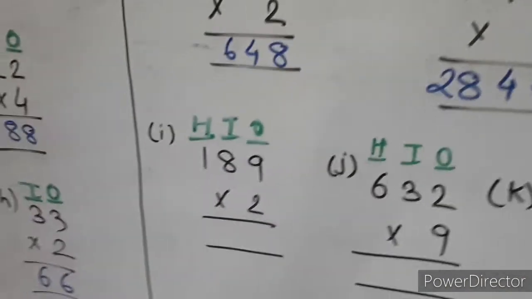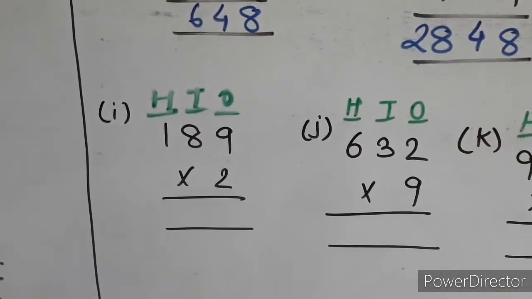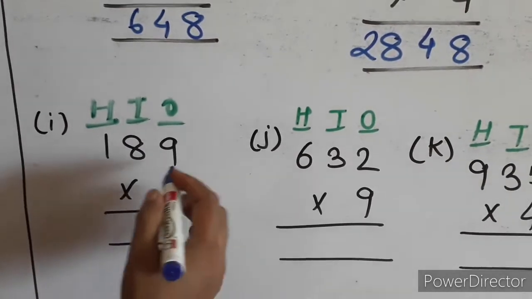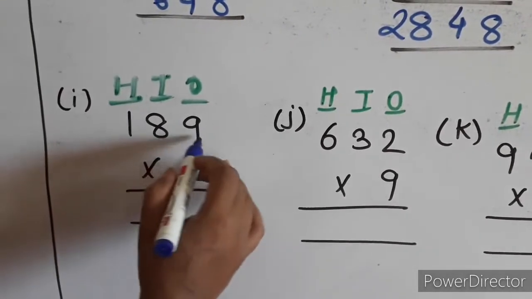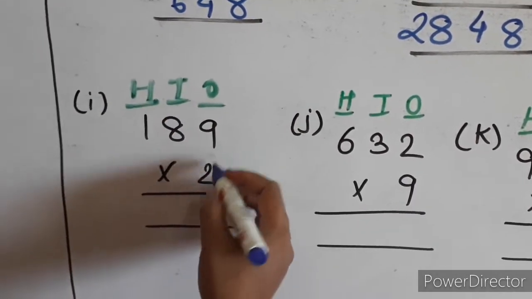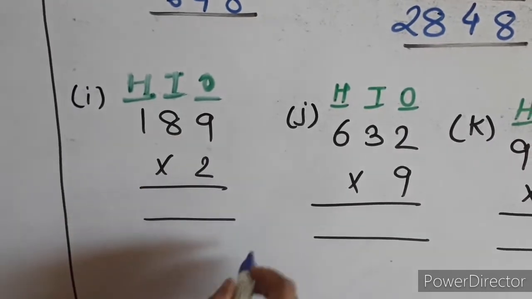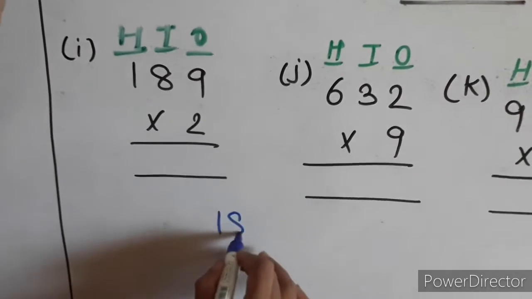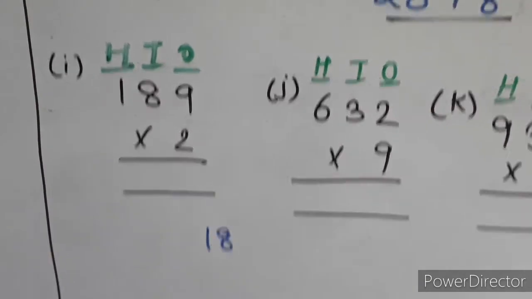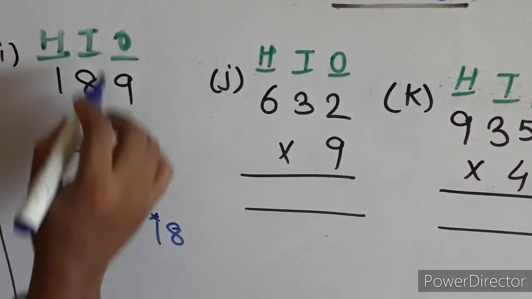Then I. Here you have to carry the numbers. I have just shown you the video related to this, how you will carry the numbers. That is 189 multiplied by 2. First we have to multiply the right side, that is the ones place. If we multiply 2 into 9, we get the answer 18. So the 1 will come here.